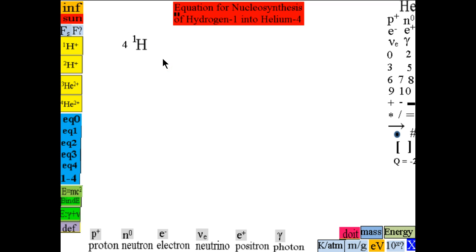So the whole nucleus consists of only 1 proton and nothing else. And as it has only 1 proton, it must have a positive charge of +1. In addition, we need 2 electrons.